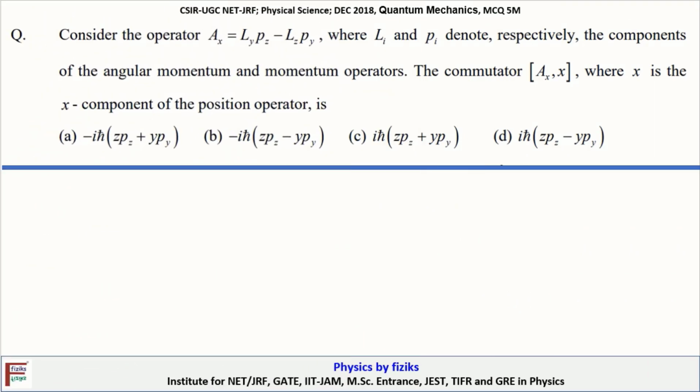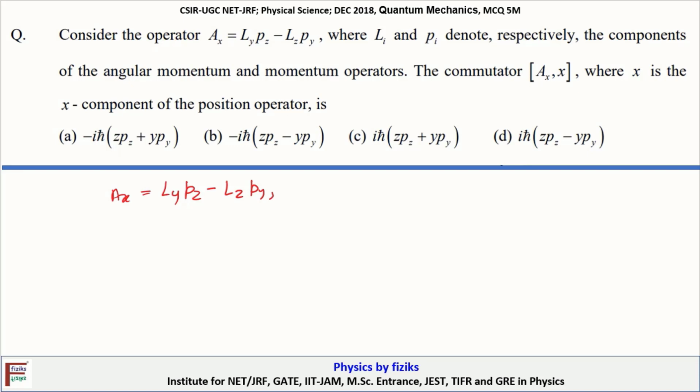Consider the operator Ax defined as Ly Pz minus Lz Py, where L and P denote respectively the components of angular momentum and momentum operator.